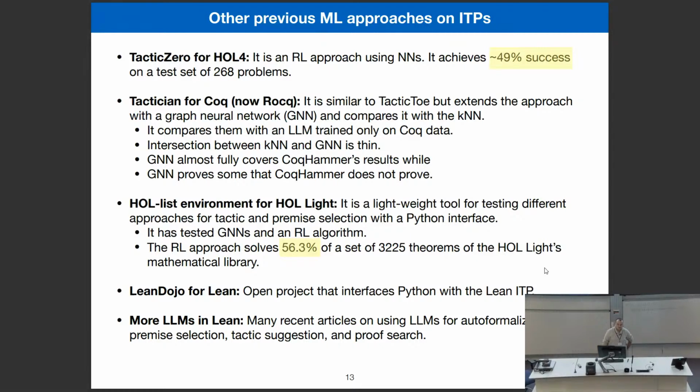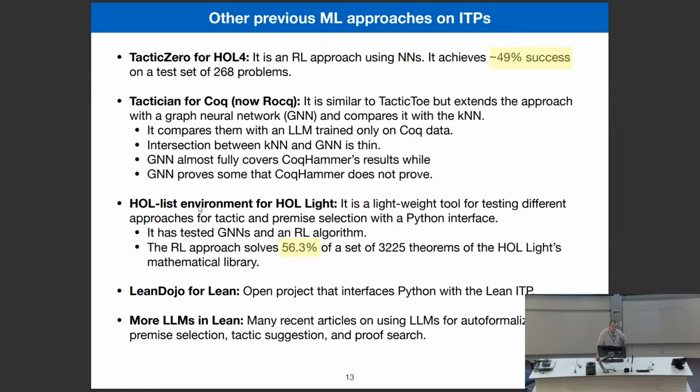So some approaches are missing from what I just discussed. There have been some approaches in HOL4 about doing reinforcement learning. They claim an 89% success on a test of 268 problems. The Tactician for Coq, I think, is one of the more investigative works, in the sense that they implement KNN and a graph neural network, and they compare it with an LLM, and they have some nice graphs of the strengths of each approach in different settings.